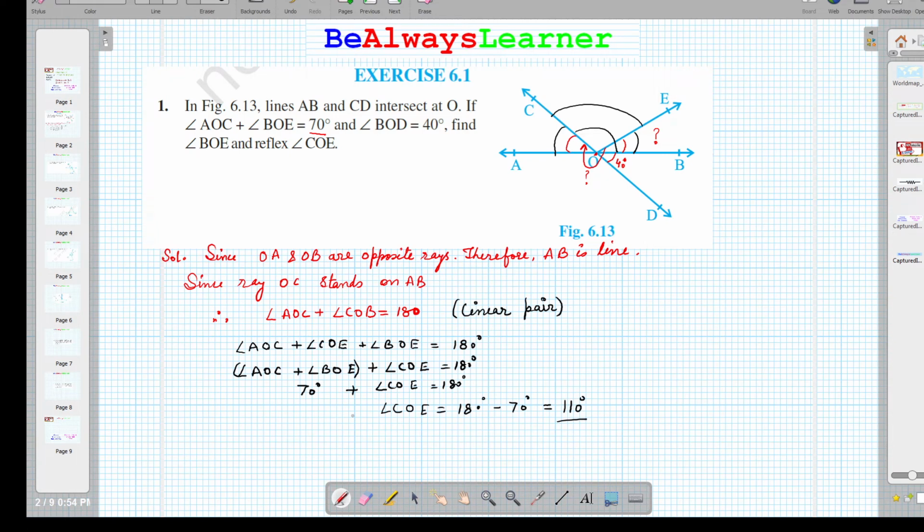Now the reflex angle of COE that we have to find out is equal to 360 degrees minus the actual angle.